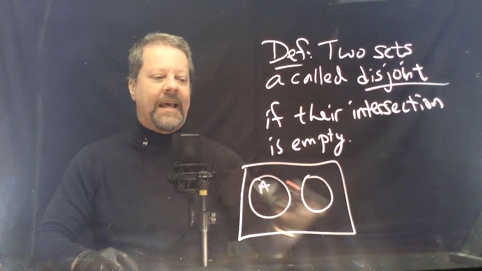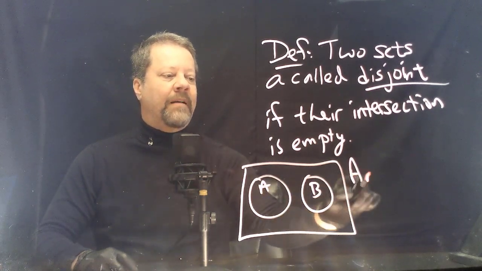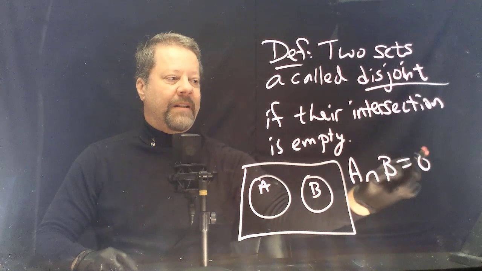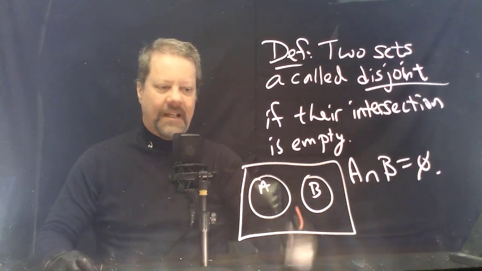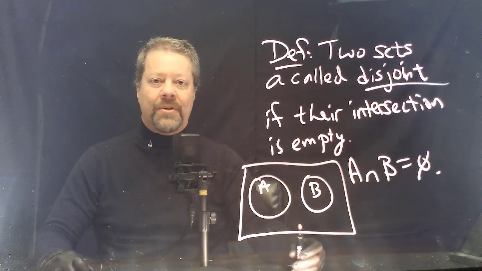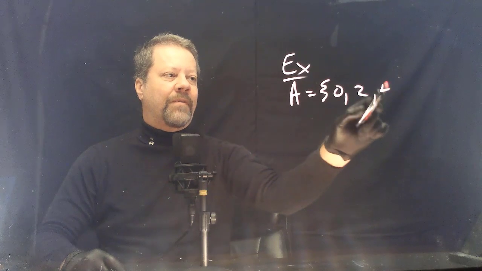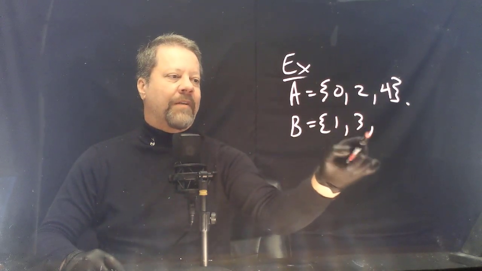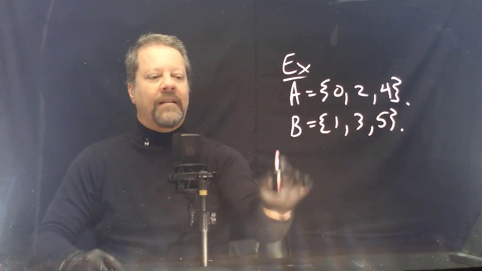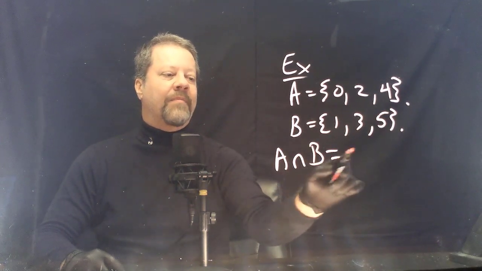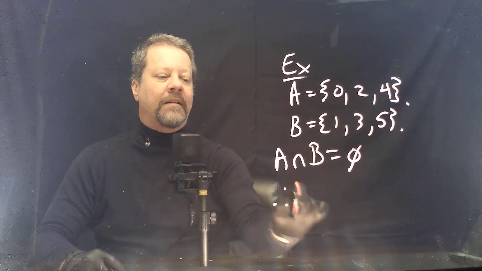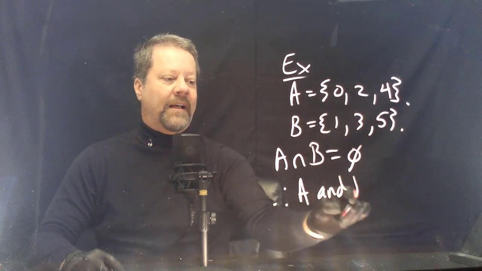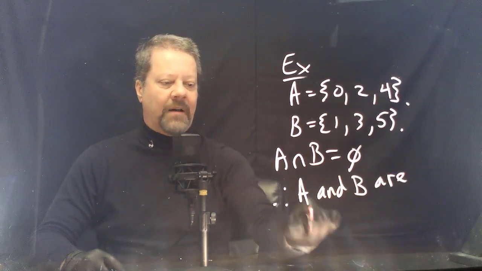If this is A and this is B, A intersect B would be the empty set. And so A and B are disjoint. As an example, suppose A is 0, 2, 4, and B is 1, 3, 5. Then A intersect B is empty, therefore A and B are disjoint.